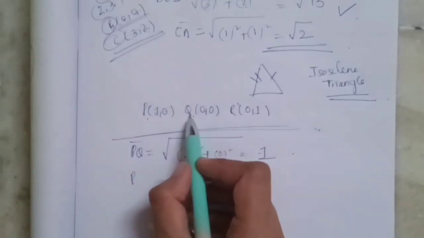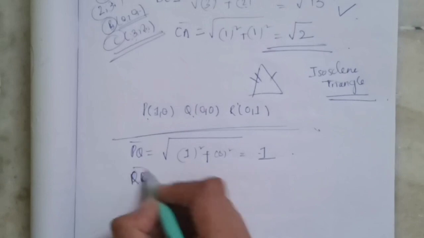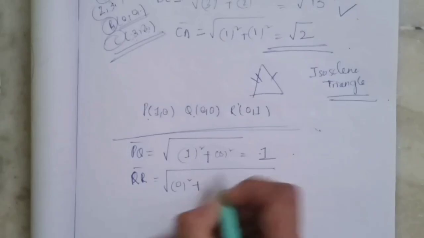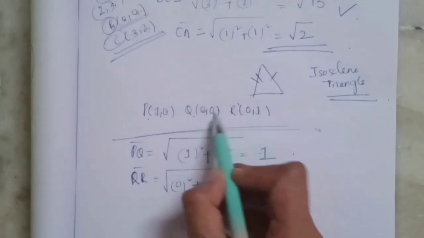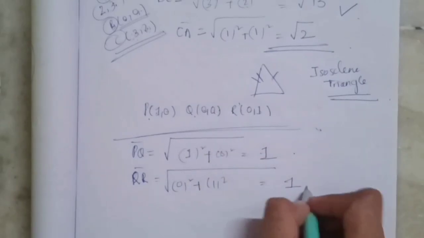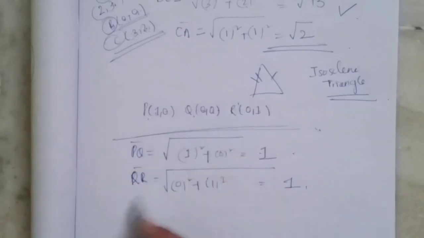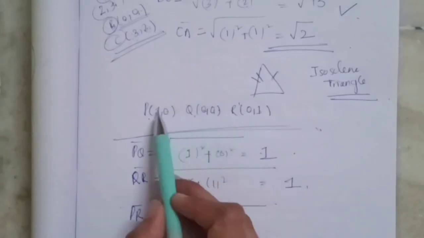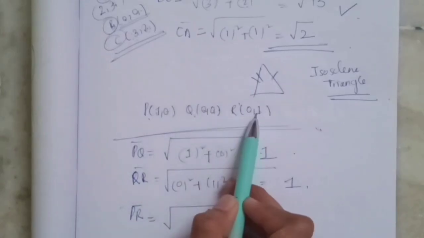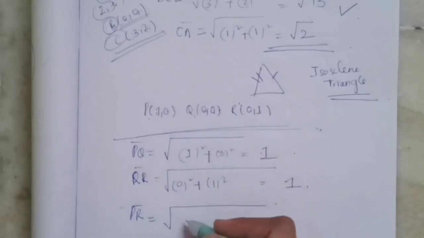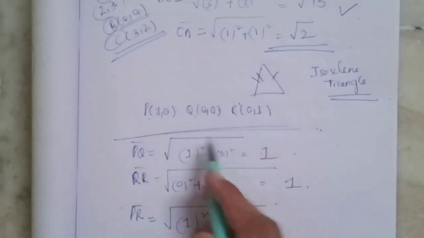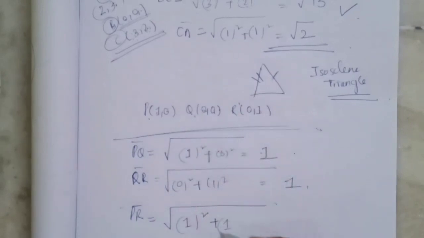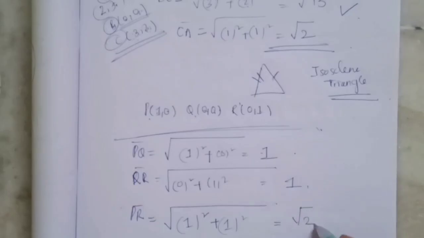And then let us find the distance between Q and R: under root, the difference between the x coordinates 0 and 0, 0 whole square, plus the difference between the y coordinates 1 and 0, 1 square, which is under root 1, which is 1. And let us find the PR distance: under root, the difference between the x coordinates 1 and 0, which is 1 whole square, plus the difference between the y coordinates 0 and 1, which is 1 whole square, is under root 2.